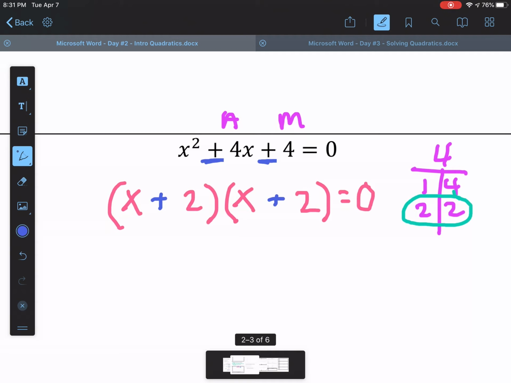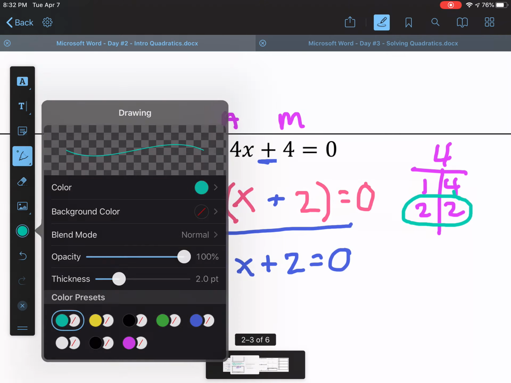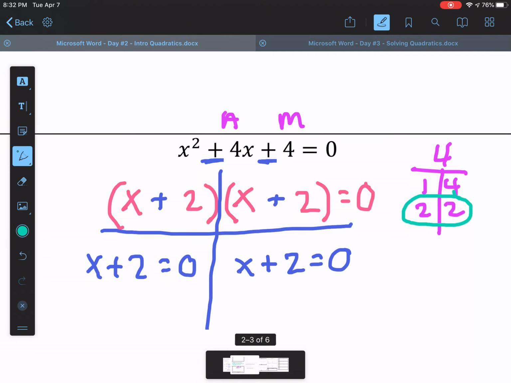All right, so now what we are going to do is tee this off. And then we are going to set each factor equal to 0, okay? So now, for the first one, x plus 2 equals 0, we need to get the x by itself.